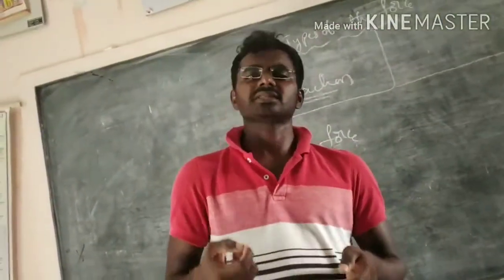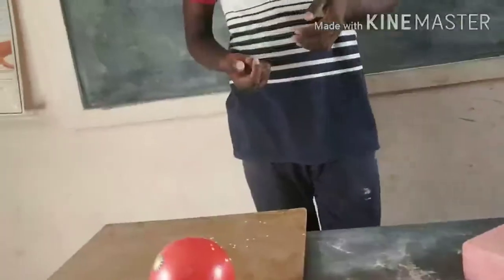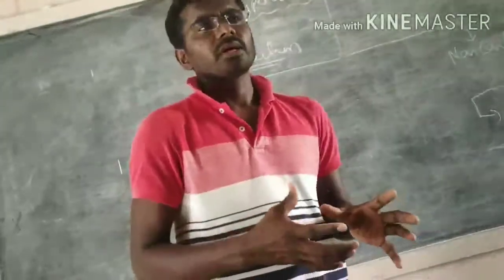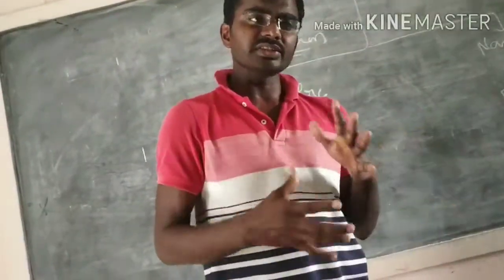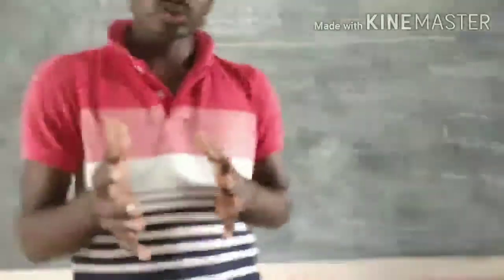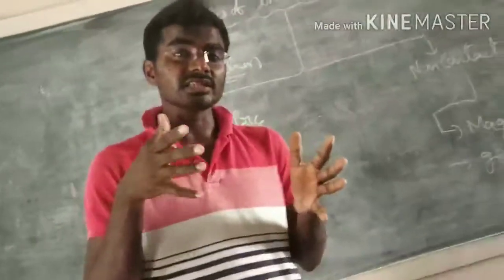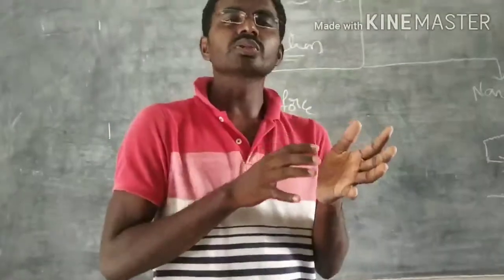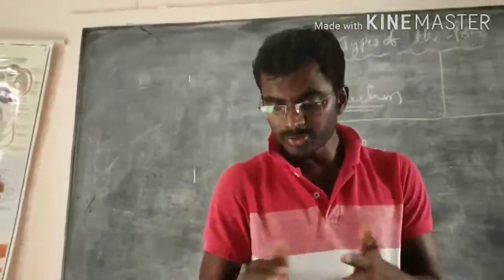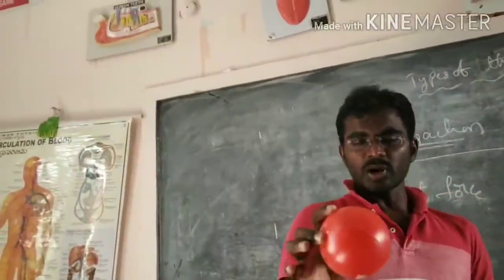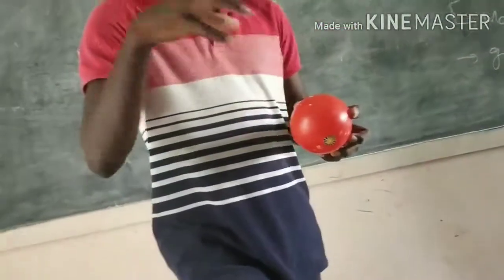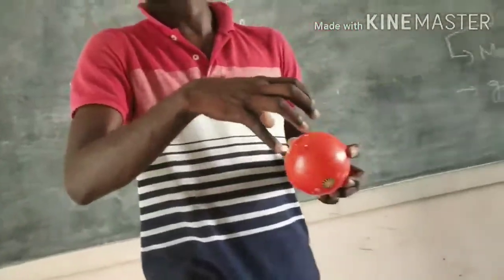So why does it happen? When you rub the electric insulators, the charges created on the insulator body transfer to the other body. When I rub this plastic ball with a handkerchief, what happens? The charges accumulate, concentrated on the particular rubbed area.